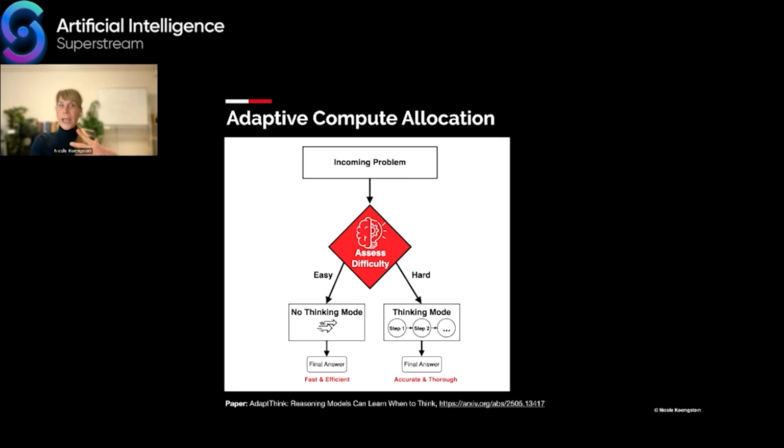And another way of approaching this, if you want to go a step further and even fine-tune your models to behave differently or choose automatically based on the difficulty, there's also a way of doing adaptive compute allocation. I linked the paper, AdaptThink, and basically it helps the model to decide, based on the difficulty, be it easy or hard, to go into thinking or no-thinking mode.